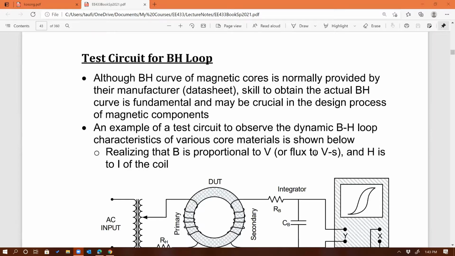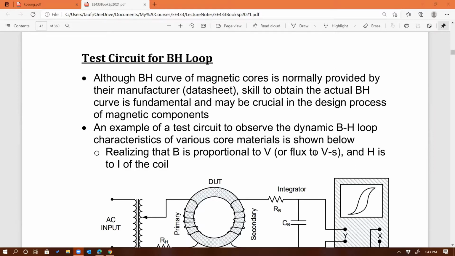Okay, so that's one case. Another case where you're going to need this type of circuit to test the magnetic core is when, for example, you find a magnetic core in a lab somewhere, right? Looks good, right? It's an E core or PQ core, whatever it is, an ET core, and you would like to test that core, because you don't have the data sheet.